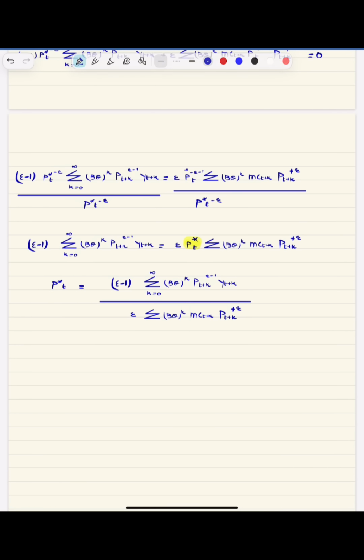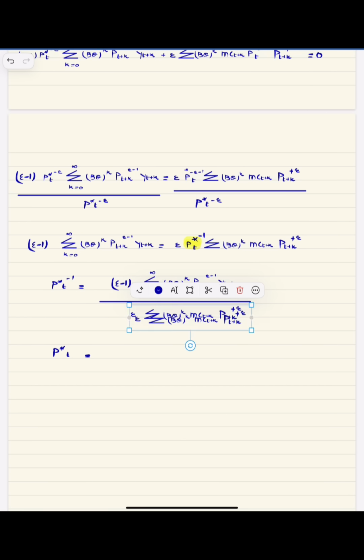Oh wait, this was to the power 1. Alright, so I'll have a minus 1 over here, a minus 1 over here. So let's just take the reciprocal. The optimal pricing rule is going to be this divided by this.